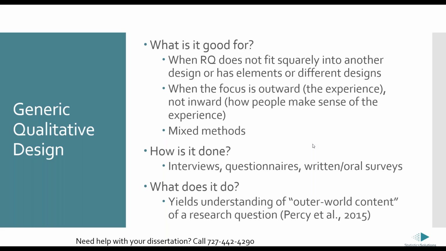Okay, this happens when your research question doesn't really fit well with a case study or a phenomenological study or a grounded theory study, right? It requires something else. And so the article that I have cited here, this Percy and colleagues article, is really, I think, helpful for sort of breaking down how this works.